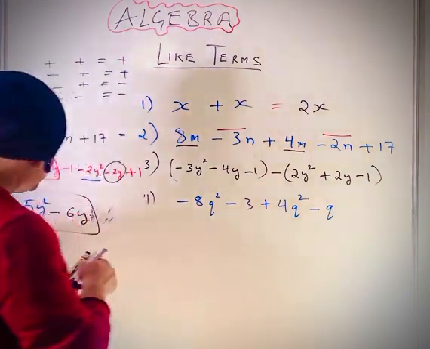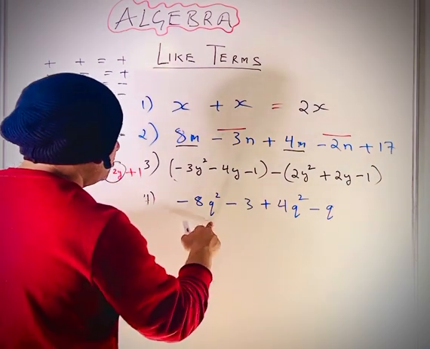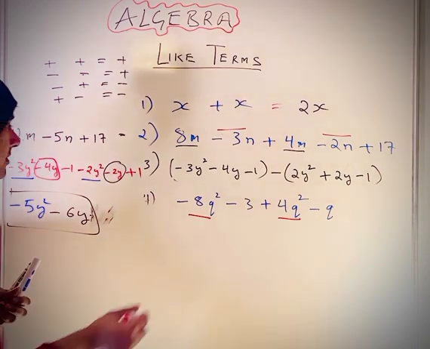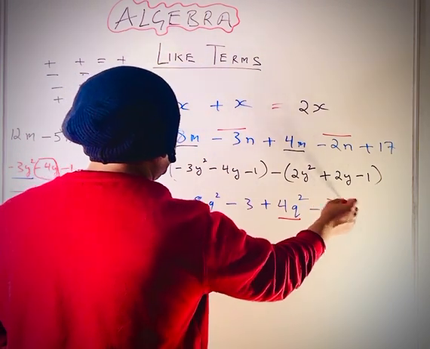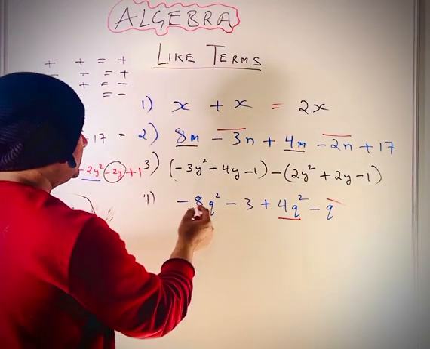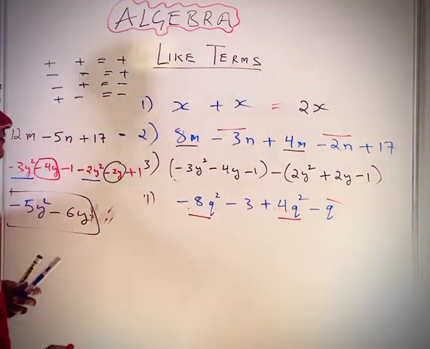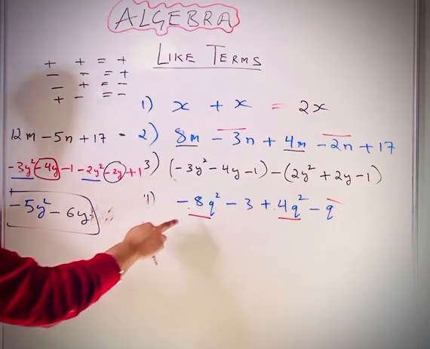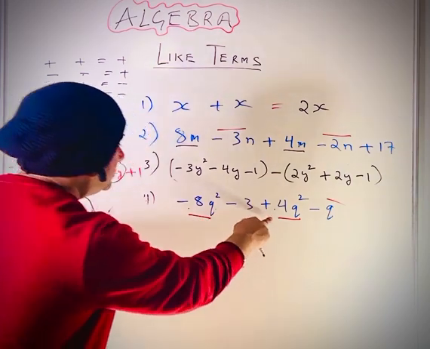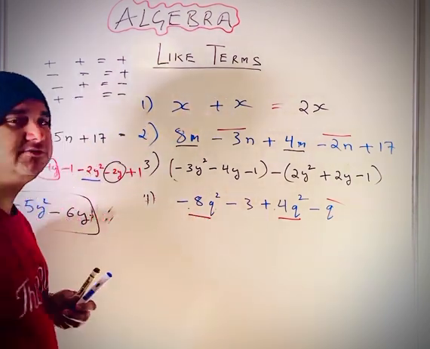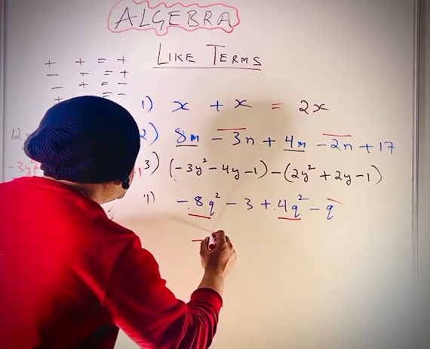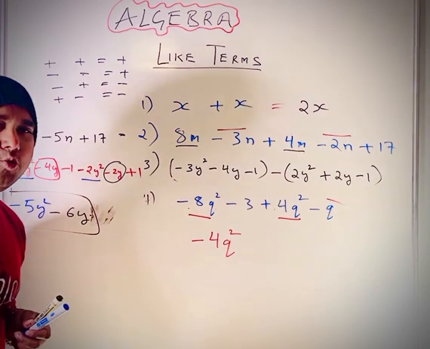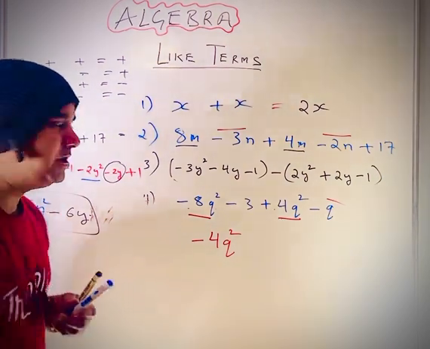Now this one, let's say minus 8q squared and plus 4q squared are the like terms, and then you have q there by itself. So minus 8q squared plus 4q squared will be minus 4q squared, and the q is there by itself, so we don't need to do anything.